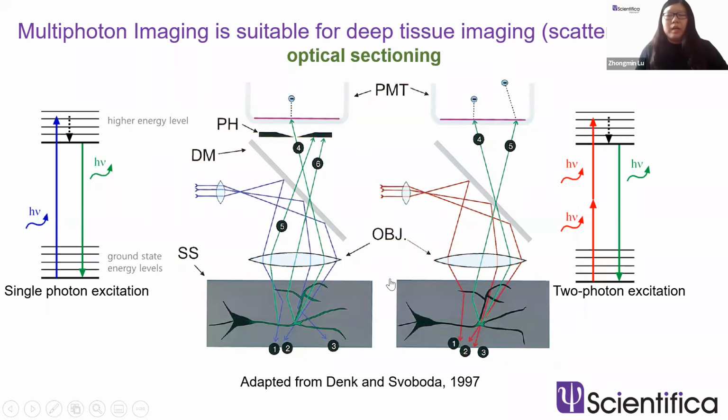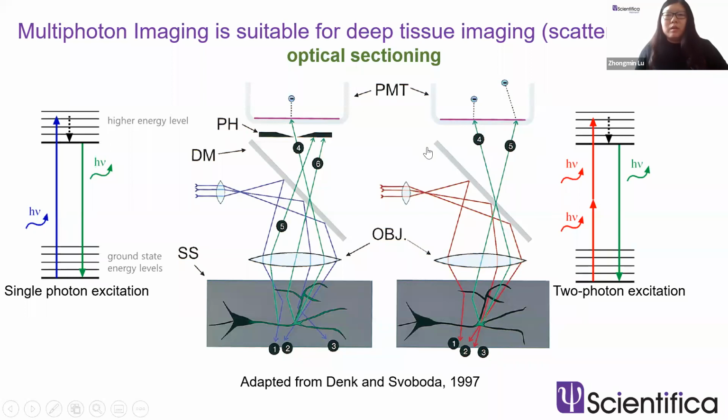On the contrary, two-photon excitation is essentially a nonlinear process, which requires two photons almost simultaneously to excite this fluorophore. And this is the true point excitation. There's no excitation ongoing above or below this focal point.